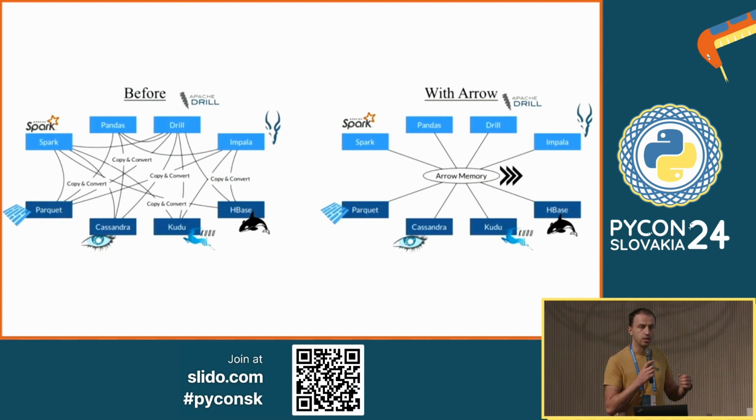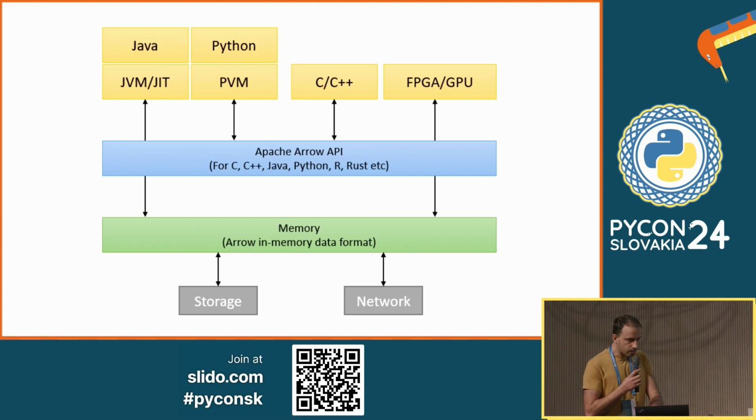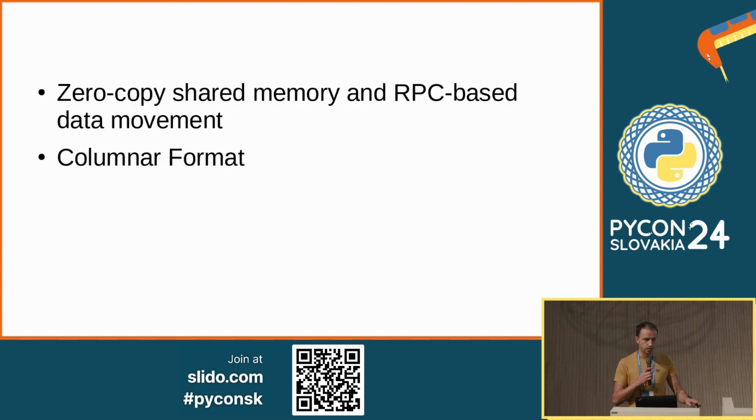Even when shipping data to GPU, NVIDIA is working on great support for moving the data without wasting time on copying it. Basically, with Arrow you have storage, which can be S3 or whatever, memory, and then APIs for C++, Python, and more. The biggest advantage is zero copy and the columnar format.